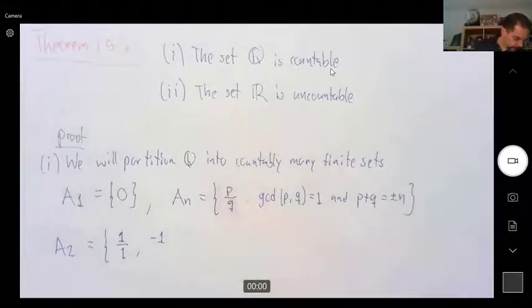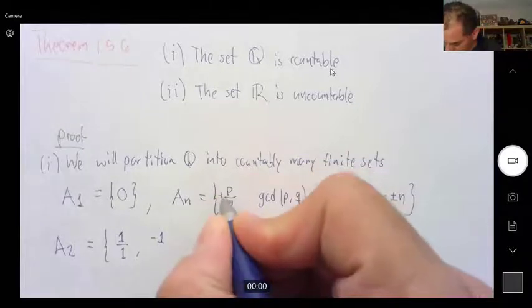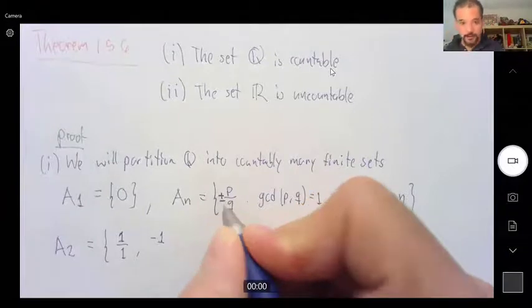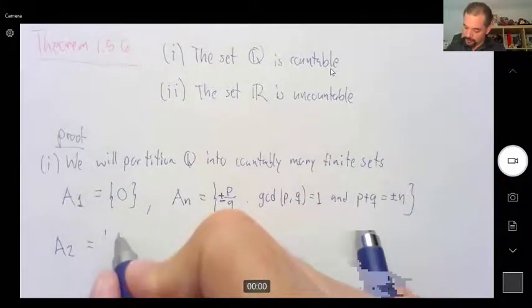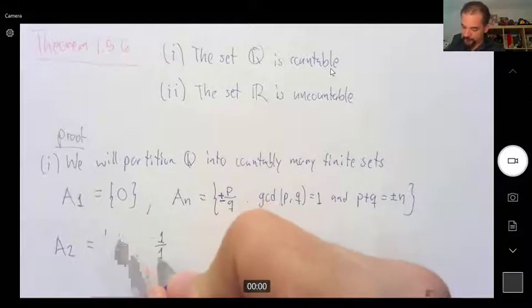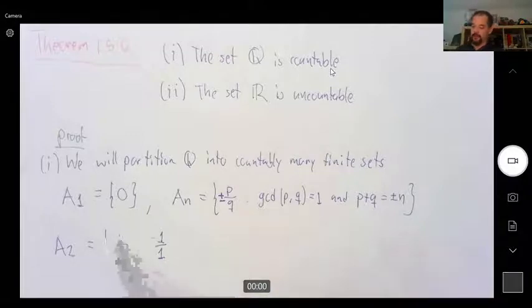Hold on a sec. I didn't write it correctly. So this is the plus or minus. You include here either the positives or the negatives. So if I had 1 over 1, I should also have negative 1 over 1, because 1 and 1 add up to 2.